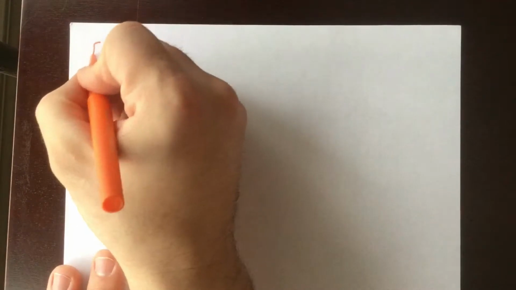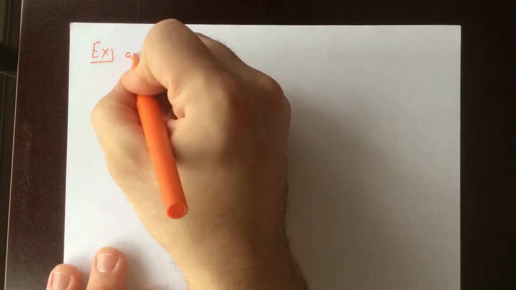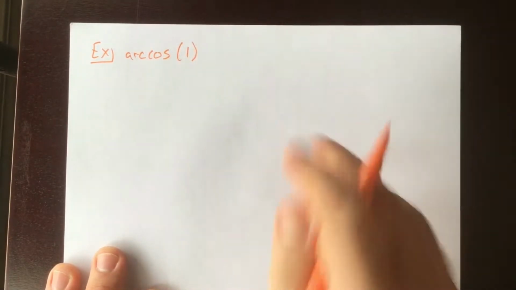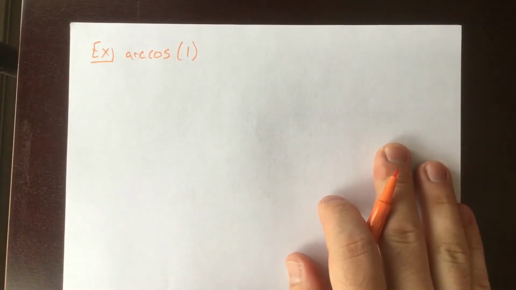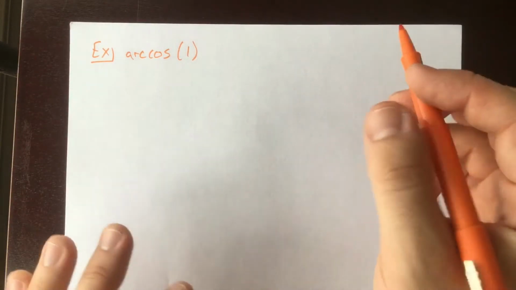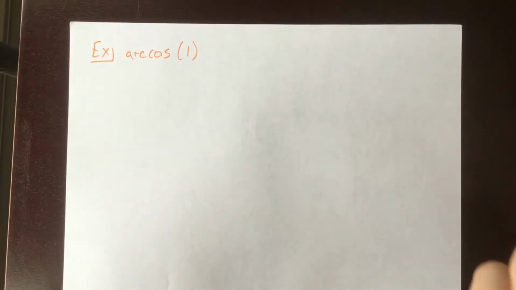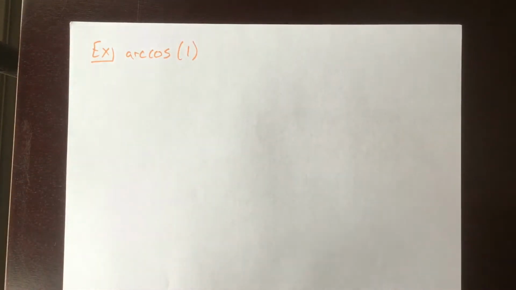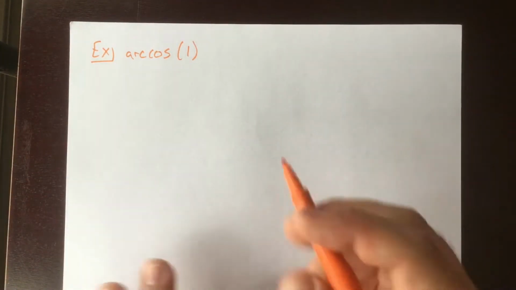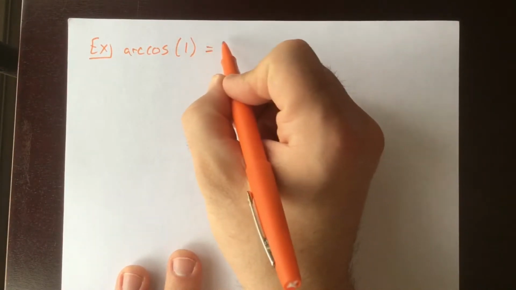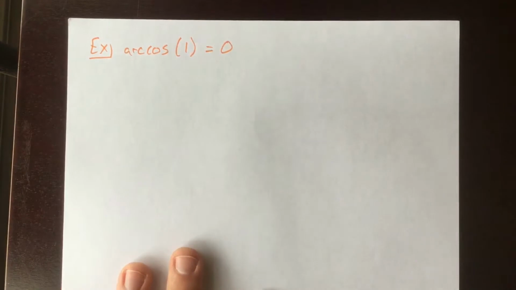Let's say we want to evaluate the arc cosine of 1. Okay, so the arc cosine of 1. So along the unit circle, cosine is 1 at, okay, so cosine is 1, we really have one location, and that's at 0.